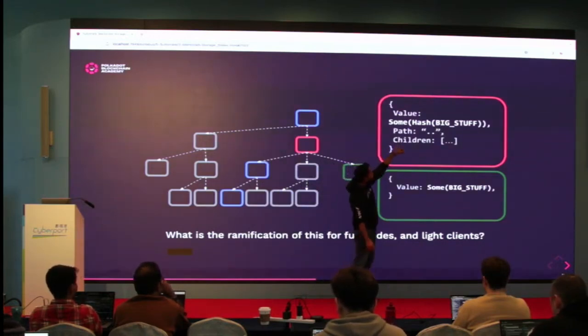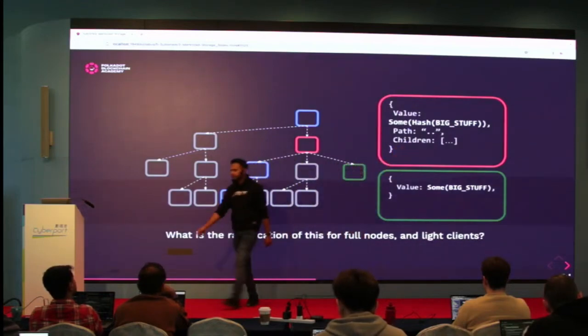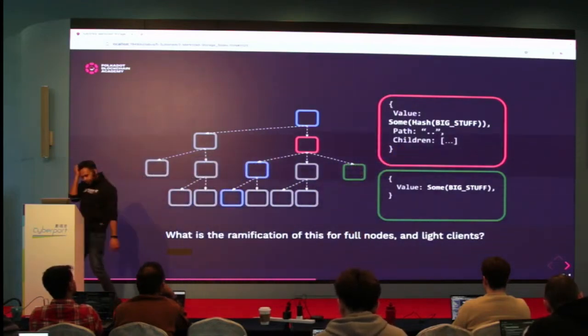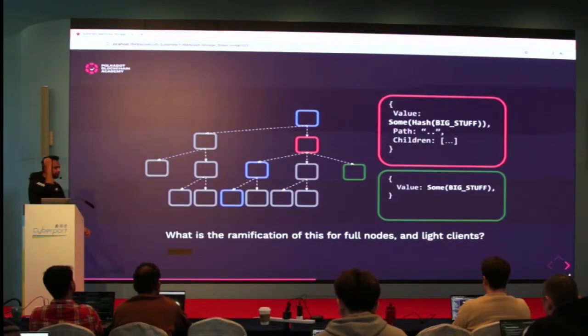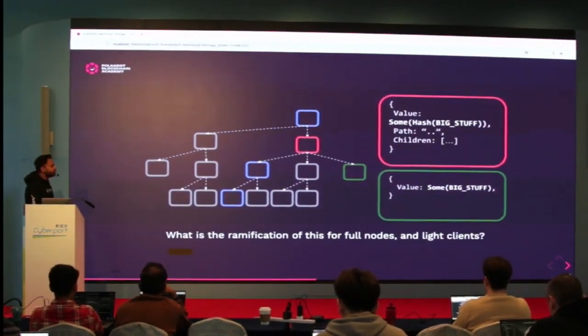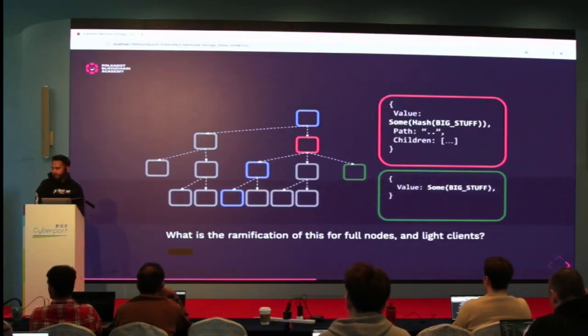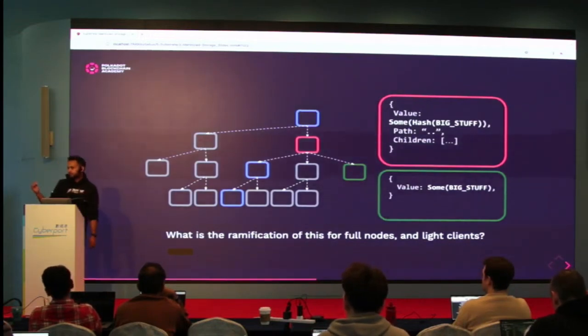So what does it mean? It means the proof size again becomes smaller. But the trade-off is that now you have multiple hops if you're reading something from the database. One extra hop.